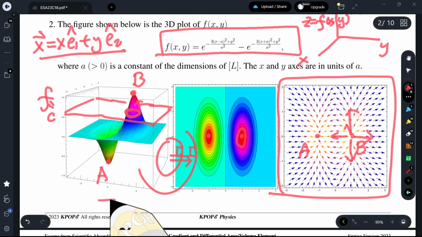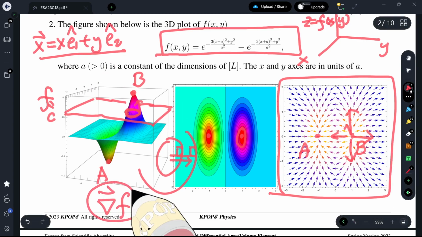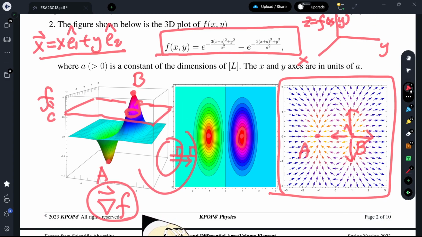So the gradient of f represents the steepest direction of increasing this function.